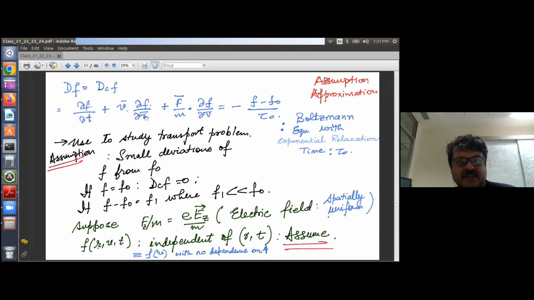There's no explicit dependence on space, but because there's a force, this term actually contributes, because in velocity space f is constantly evolving and increasing. Higher velocities are increasingly being occupied due to the effect of the electric field.